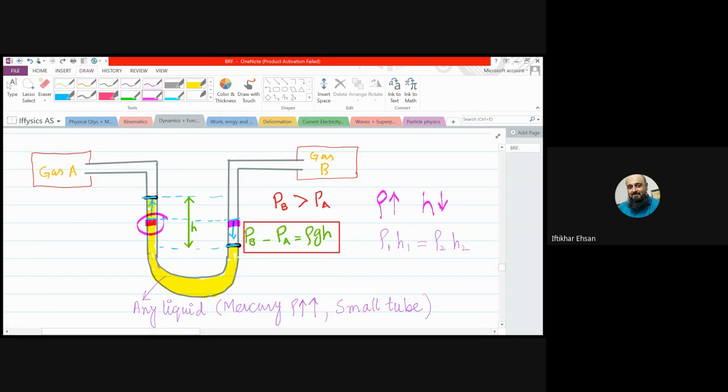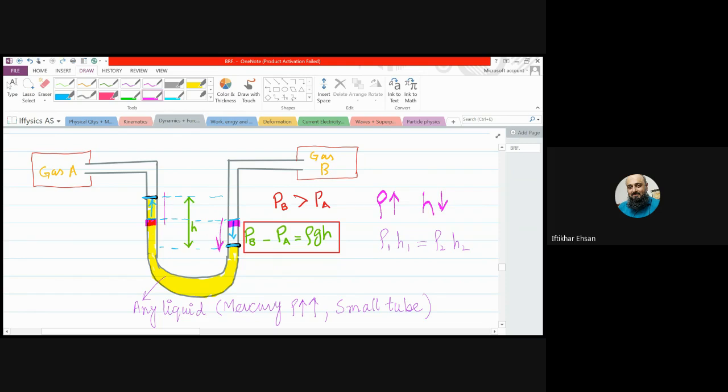But if we attach two different gases, or liquids it could be, on both sides, which apply different pressure, then the level which was the same on both sides will no more be the same. One side will get lower, fall, like it happened here.